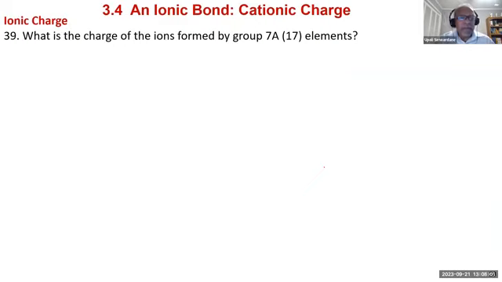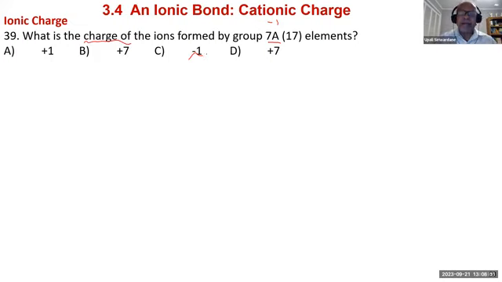What is the charge of ions formed in group 7A? 7A gains one electron, producing negative one anions. The charge on the negative ion is -1.